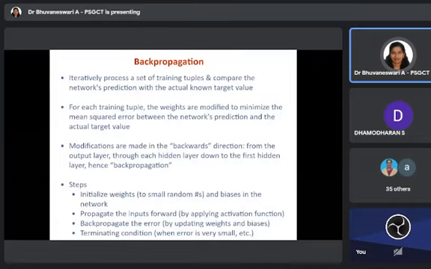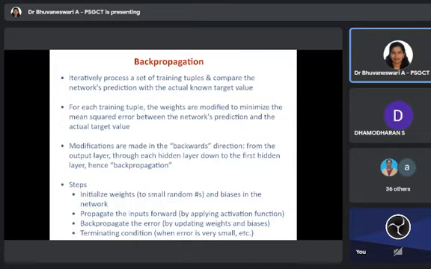For each training cycle, which we call an epoch, the weights are modified to minimize the mean squared error between the network's prediction and the actual target value. So this mean squared error is what determines the adjusted weight.